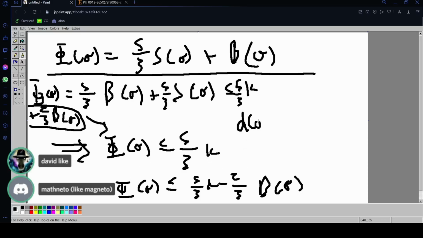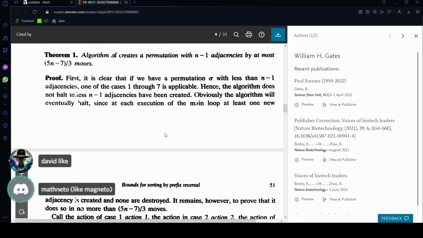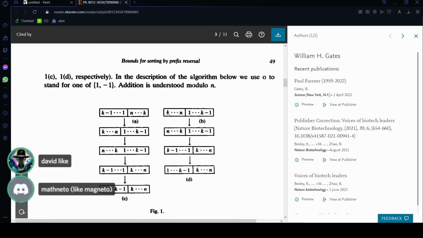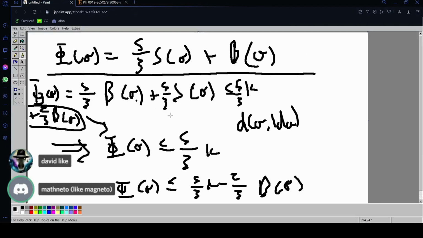And so, like I said just a moment ago, our distance of sigma to id k by something they prove, and it's really short. It's just kind of these two diagrams give exactly what you wanted to show. Maybe I'll explain that.